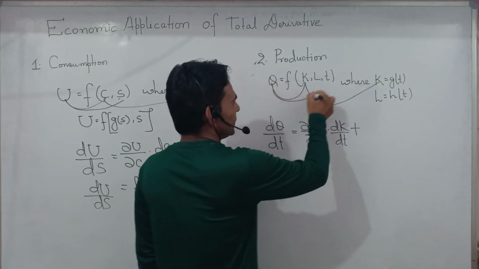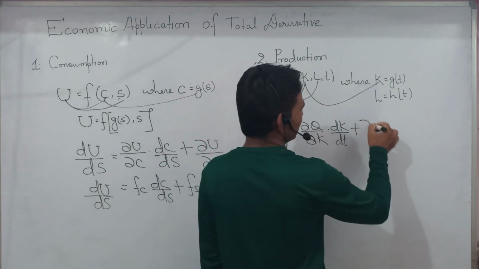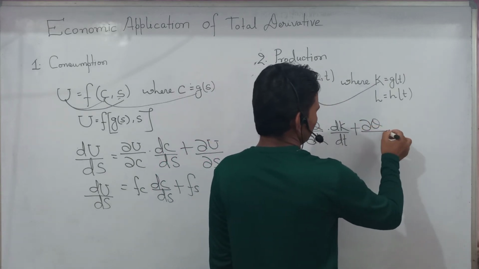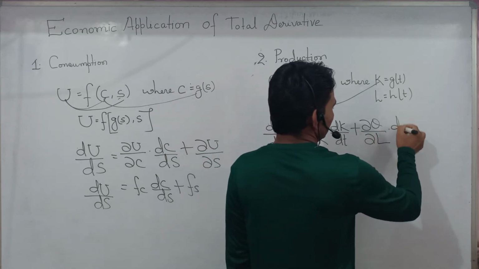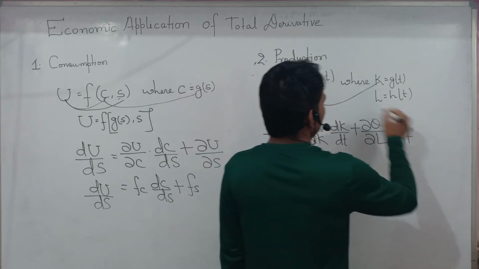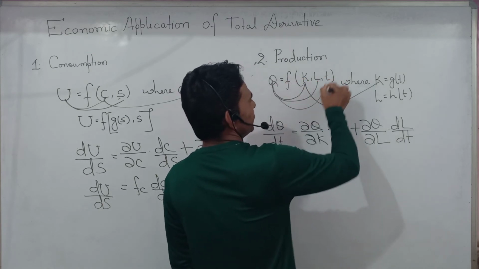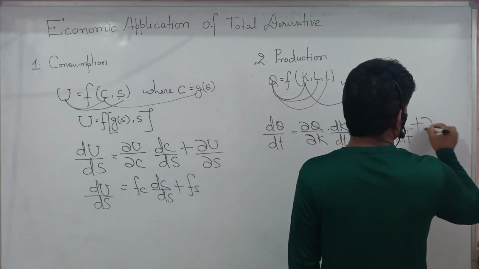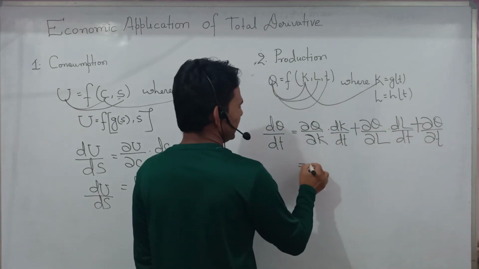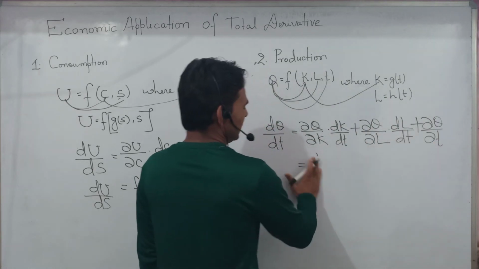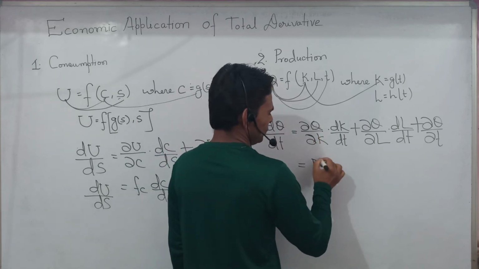Second, q depends upon l, the partial derivative of q with respect to l times dl by dt, and directly q depends upon time, partial q by partial t. In alternative notation we can put it as partial q.